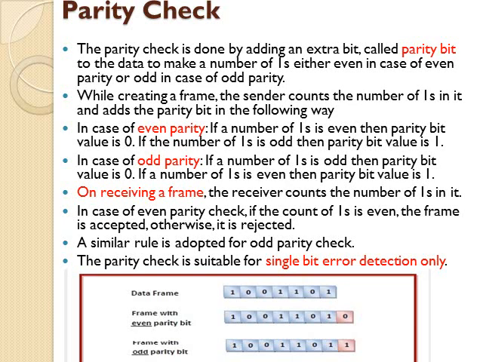In case of odd parity, the number of ones is 4, and to make it odd, we have to add 1 as a parity bit. The receiver will simply check the parity bit by counting the number of ones, and if the parity bit is correct, then it ignores the parity bit and receives the data frames.